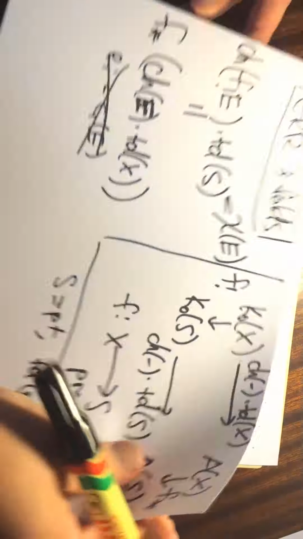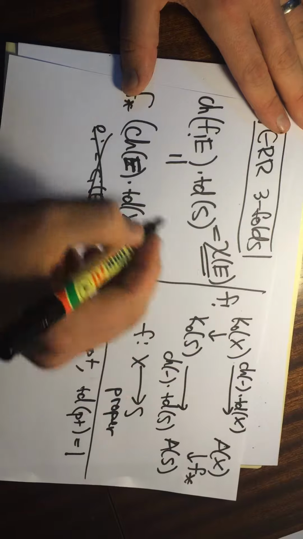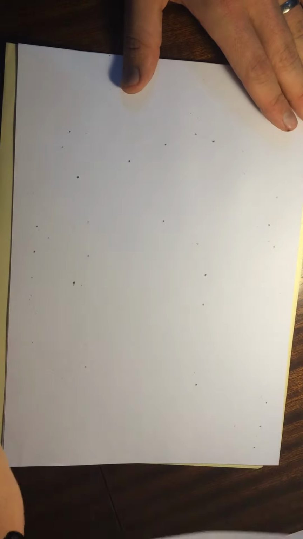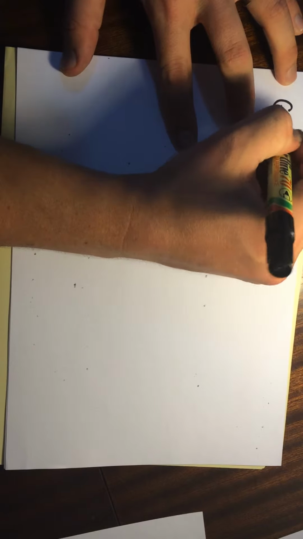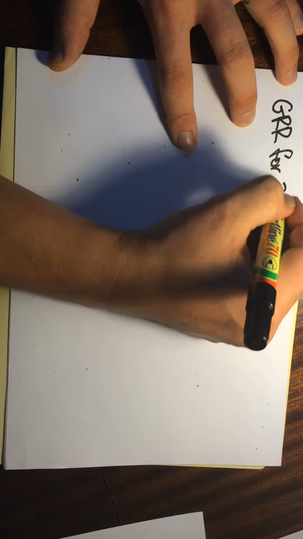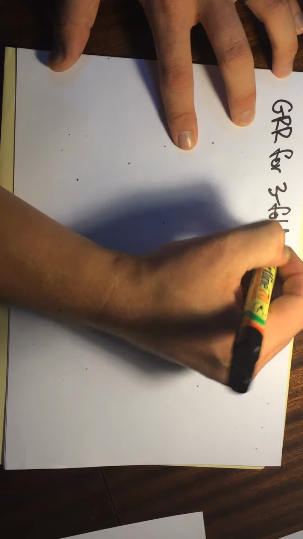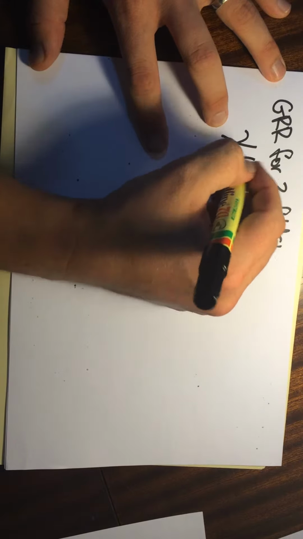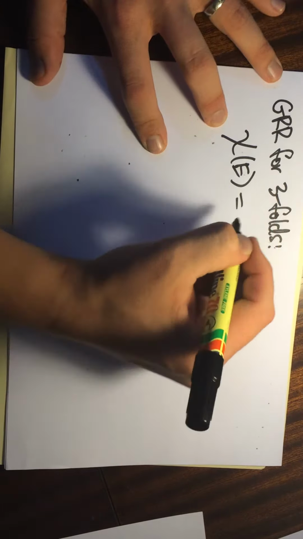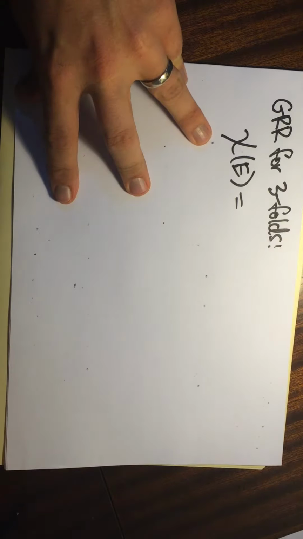So the formula, we go back to here, the Grothendieck-Riemann-Roch formula. We had this side, and then we just computed this side. Okay, so we have that. This, for threefolds, says the following: the Euler characteristic of E is equal to this mess.